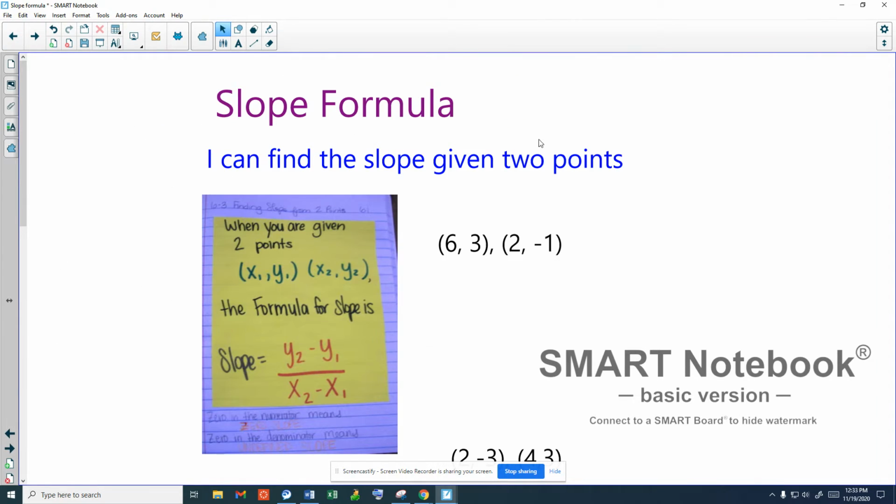So if we start with the slope formula, when we are given 2 points, x comma y and x comma y, we can use the slope formula as y2 minus y1 over x2 minus x1.